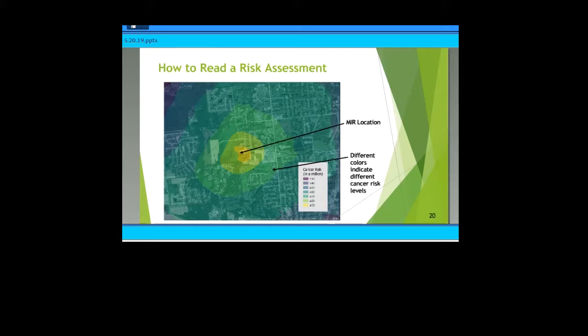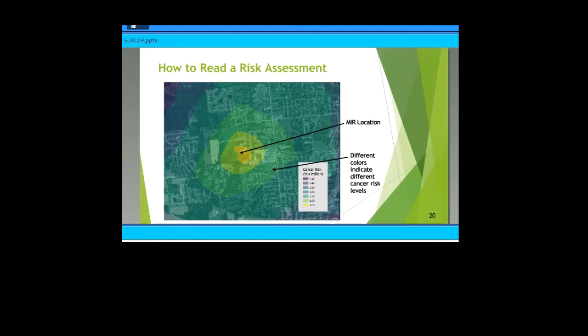Those represent different cancer risk levels. Not surprisingly, the yellow represents the higher risk level because the MIR location is what that arrow is pointing to. So the facility's in there pretty close to that MIR, is my guess on this example.